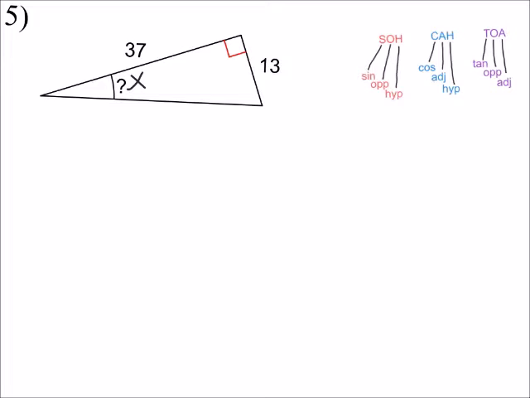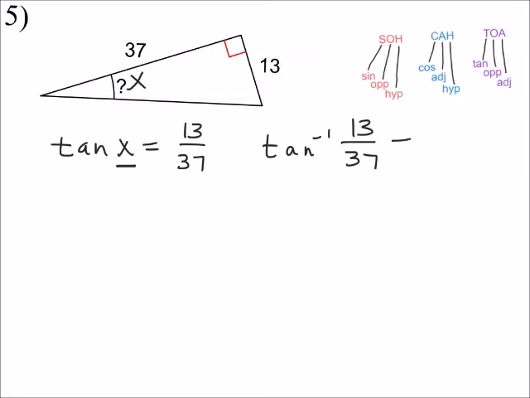If we had been doing this before, we would have said tan of x equals 13 divided by 37. But now that we have to find x, we have to take the inverse tan of 13 divided by 37, and that will give us x. So we're going to do tan inverse of 13 divided by 37, and that will produce our x value.